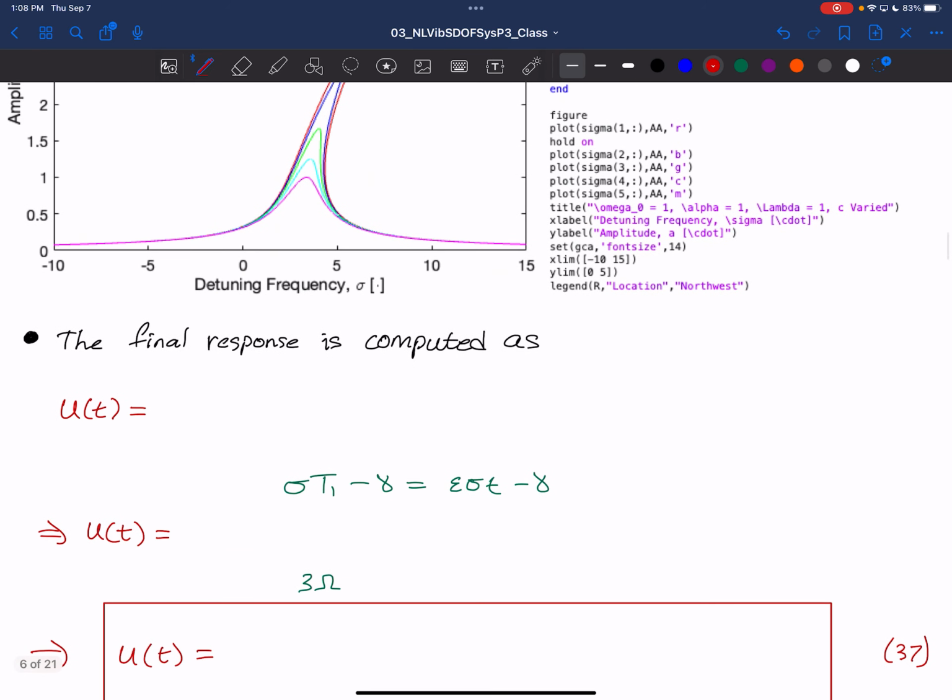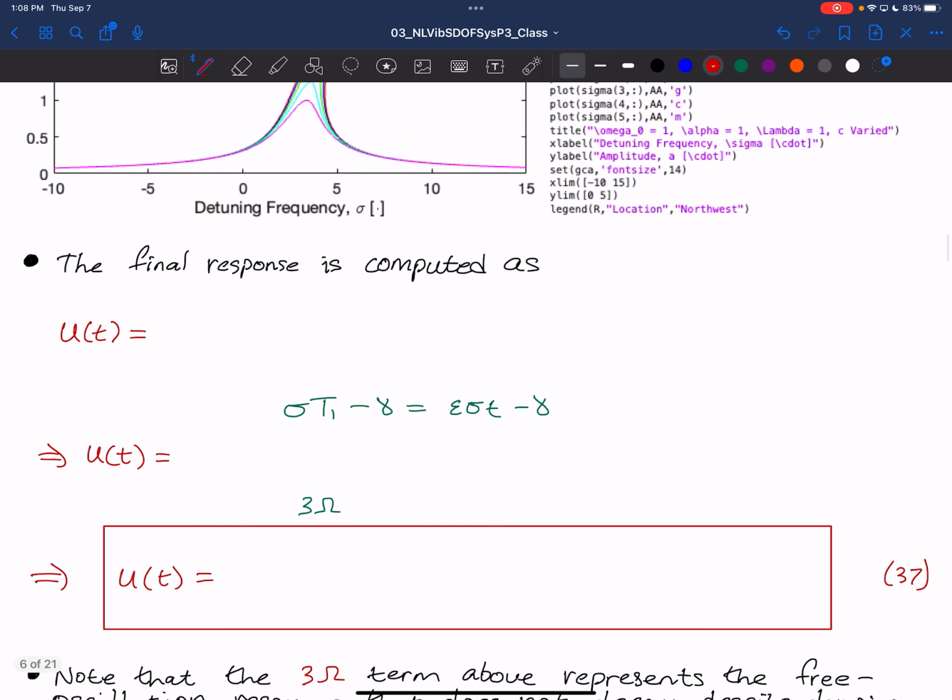Okay, so from there, final solution is computed as the following. We'll have A times the cosine of omega 0 t plus B plus K over omega 0 squared minus capital omega squared times the cosine of capital omega t plus order epsilon.